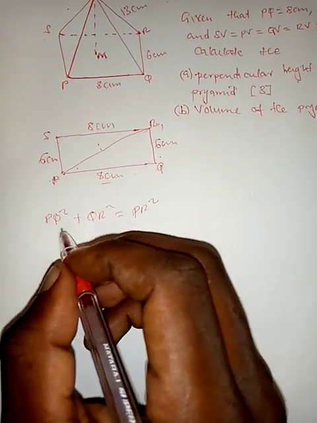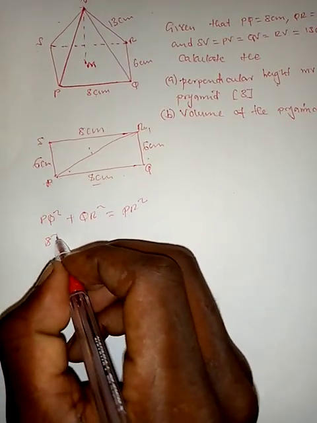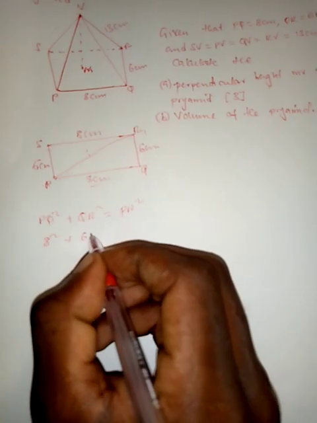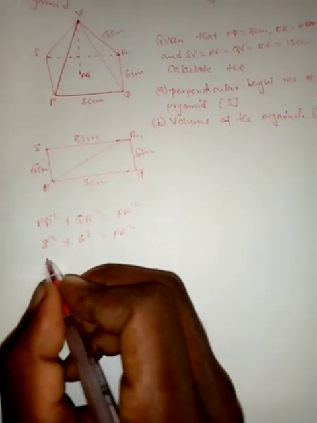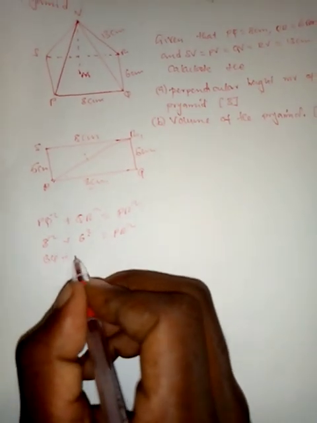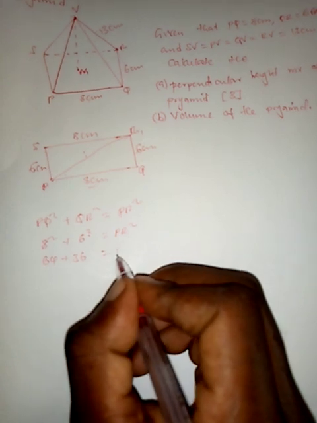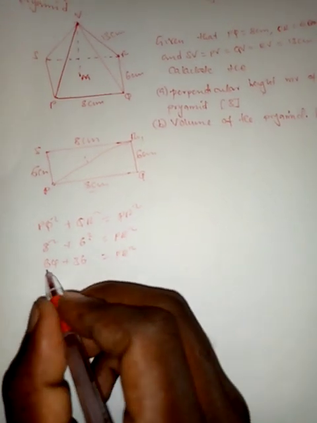Now I can substitute. Here it is 8 squared plus 6 squared, which must give me PR squared. So this is 64 plus 36, which is 100.